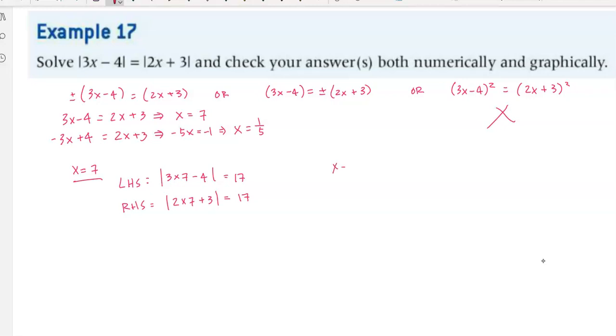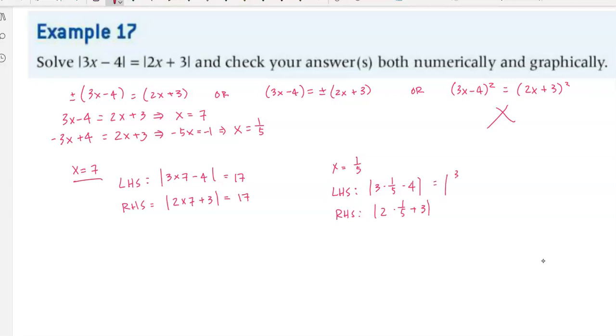How about x equals 1/5? I don't think that's going to work, I just don't want it to because it's a fraction. Okay, so let's look at the left-hand side: absolute value of 3 times 1/5 minus 4. Right-hand side: 2 times 1/5 plus 3.